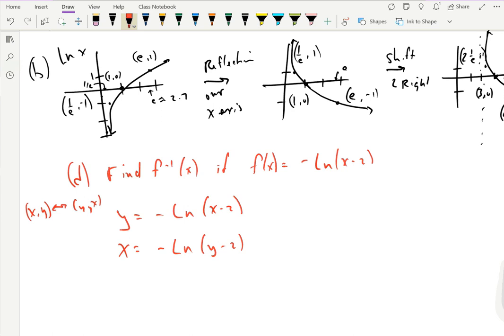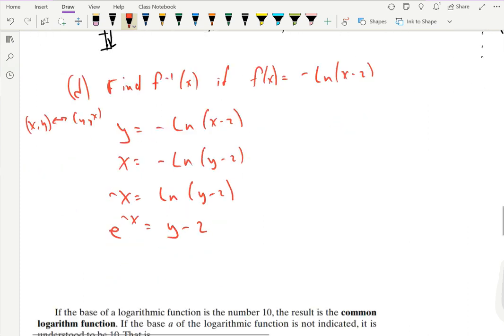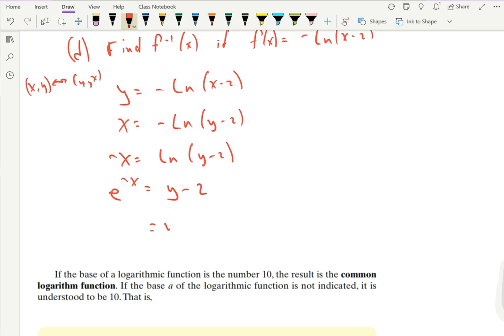Third step, now we have to solve for this y. If I get rid of this negative, move it to the other side here, then I have negative x equals the natural log of y minus 2. By definition, this means e to some power. E to the negative x power has to equal y minus 2. Solving this further for y, I add 2 to both sides.